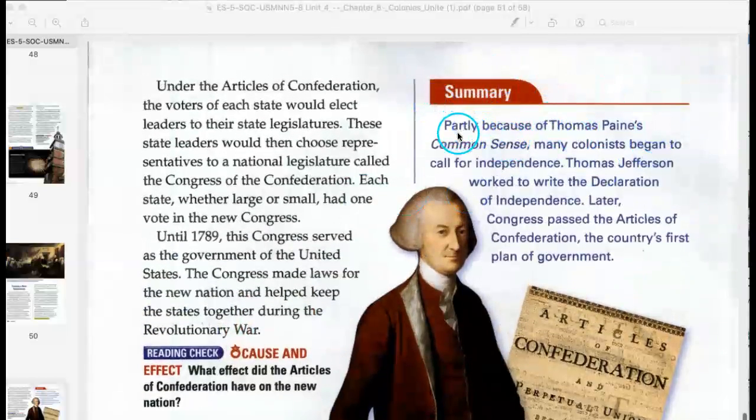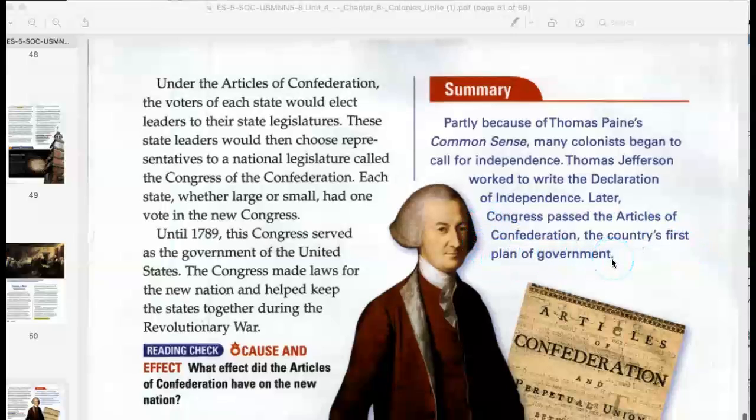Summary. Partly because of Thomas Paine's Common Sense, many colonists began to call for independence. Thomas Jefferson worked to write the Declaration of Independence. Later, Congress passed the Articles of Confederation, the country's first plan of government.